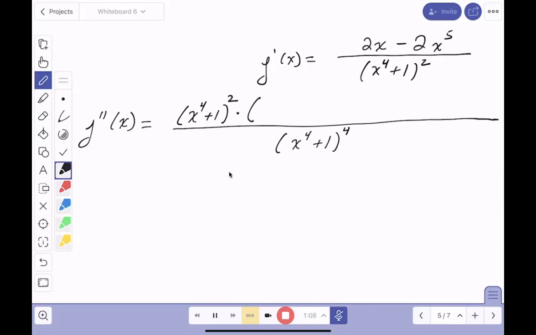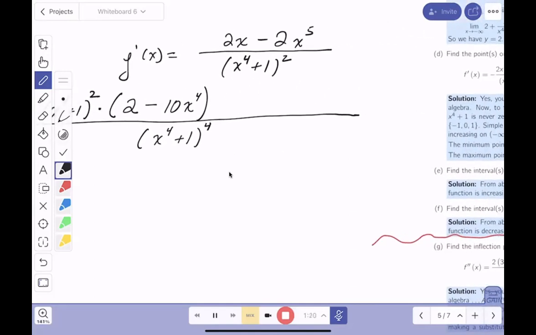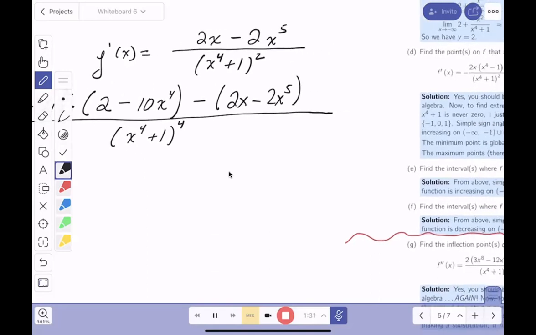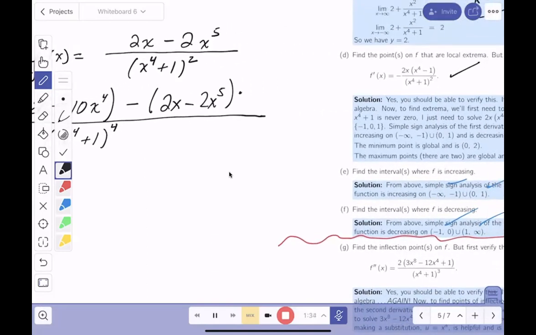Times the derivative of the top, which is going to be 2 minus 10x^4, minus the top. I think I did it right there, right? Times the derivative of the bottom. 2(x^4 + 1) to the first power times 4x cubed.